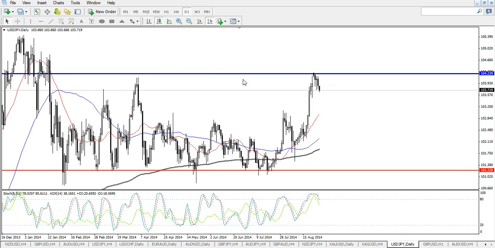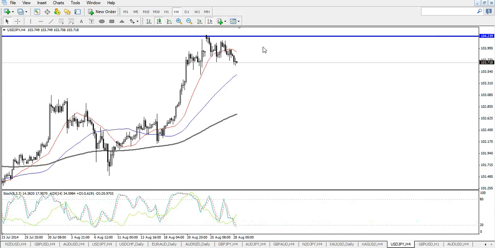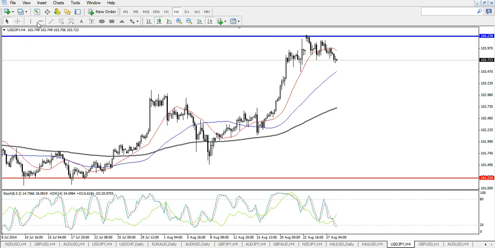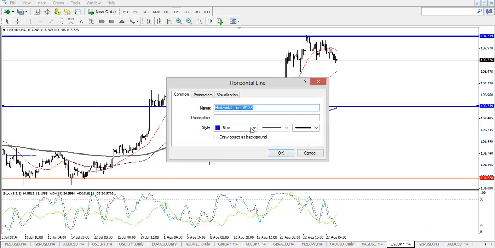But essentially, what we want to look at is when is the right price or support level for us to go long again. So let us zoom into the H4 chart. Looking at the H4 chart, the first thing we have to do is find the support level for us to look for a long trade.